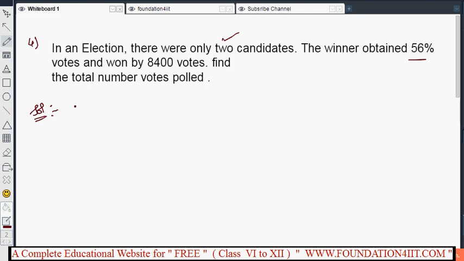First we need to find out the total number of votes. So let the total number of votes polled be, I am taking x. Winner percentage is 56.